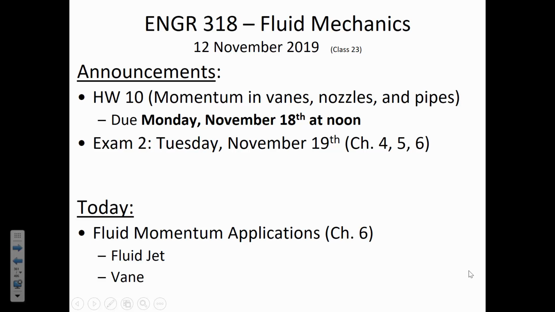So we're going to have exam 2 a week from today, covering chapters 4, 5, and 6. So remember, chapter 4 is where we talked about Euler's equation, Bernoulli's equation, rotational flow, flow visualization, convective and local acceleration. Chapter 5 is an important chapter, but it's limited mainly to a single idea, the idea of continuity.